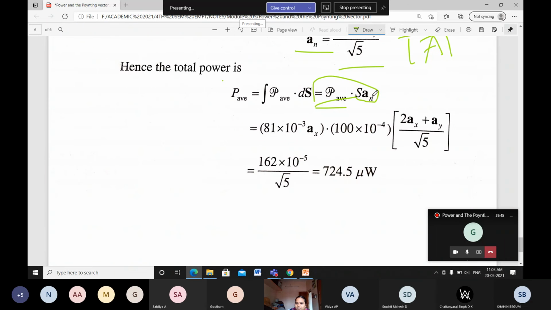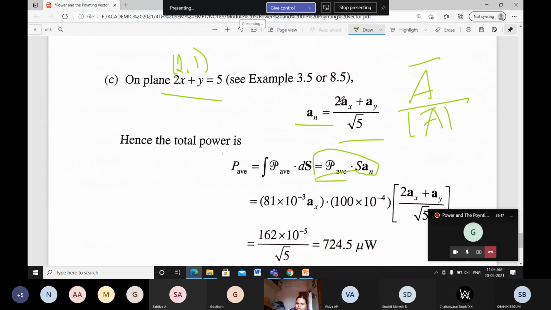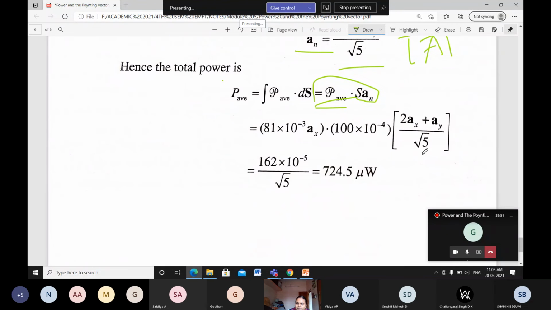Then an is 2ax plus ay divided by square root of 5. Then just multiply here, ax dot ax is going to be 0. Then the only left part is, you will be getting the x direction. For that reason, when you solve this, you will be getting 162 into 10 raised to minus 5 divided by square root of 5. That is nothing but 724.5 into 10 raised to minus 6 watts.